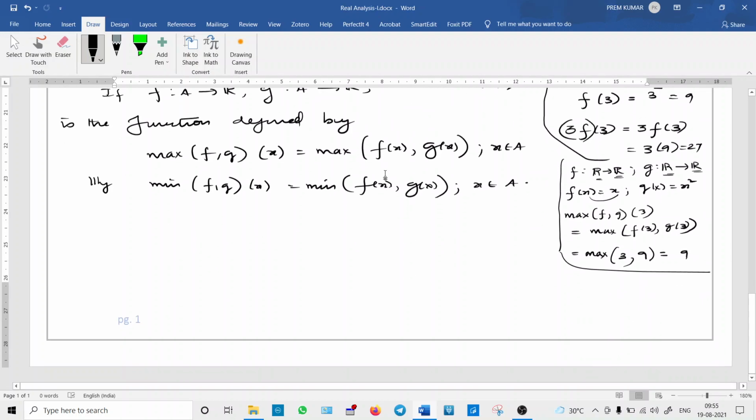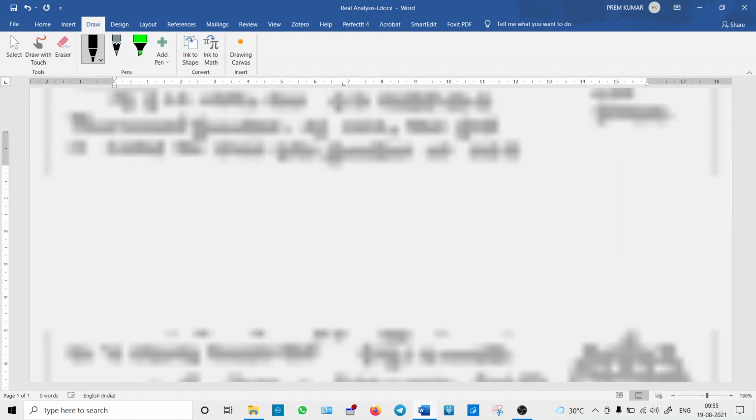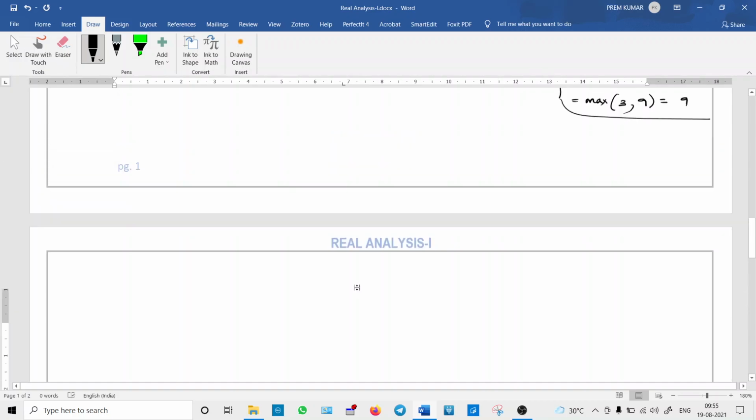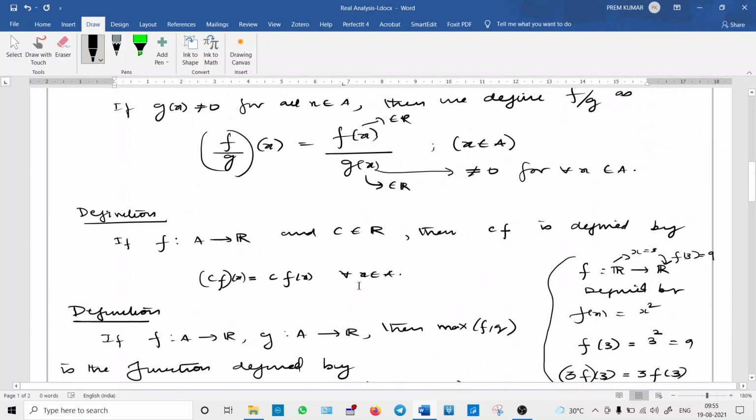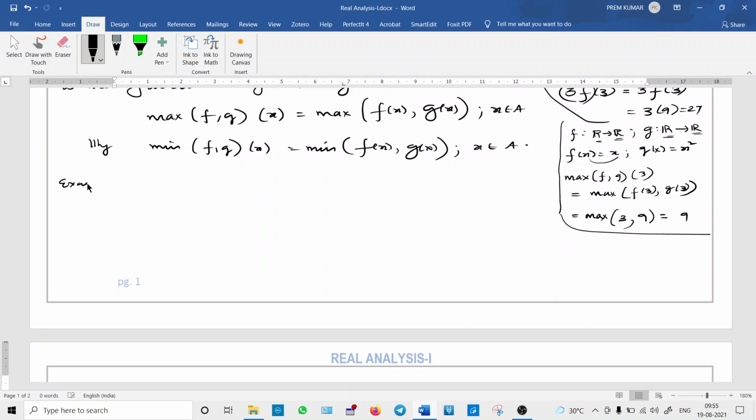Now another good example we will take. See here, I take a function f of x equal to sin x, and the domain is 0 less than or equal to x less than or equal to pi by 2, and another function g of x equals cos x, and the domain is 0 to pi by 2.